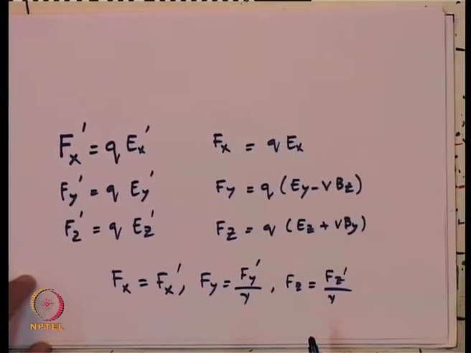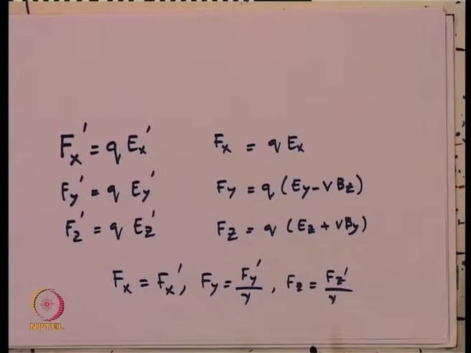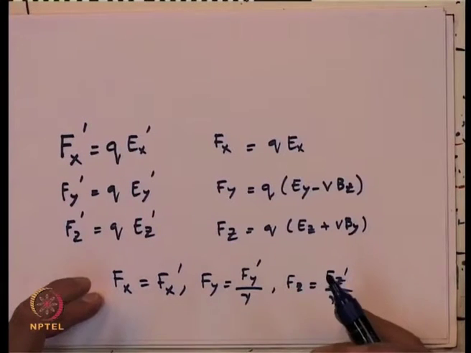Now, let us look at this paper carefully. I know that my force transformation equations must obey these, because this is the way we have derived the force. If we have to be consistent, these equations have to be obeyed.